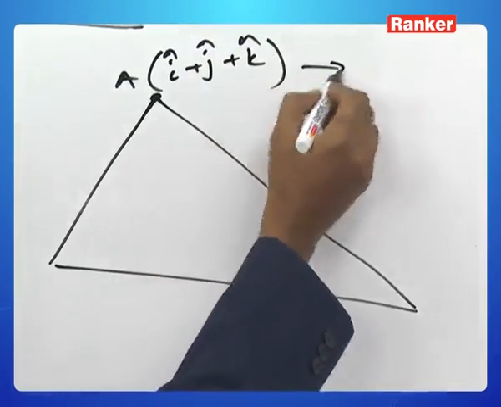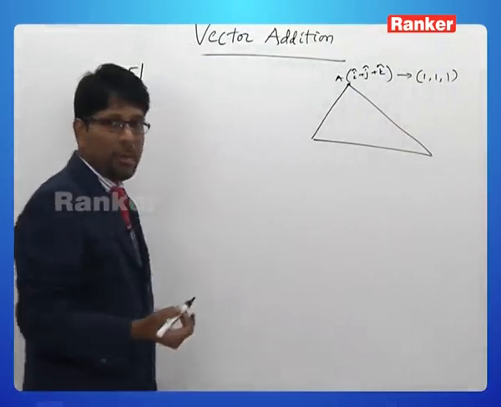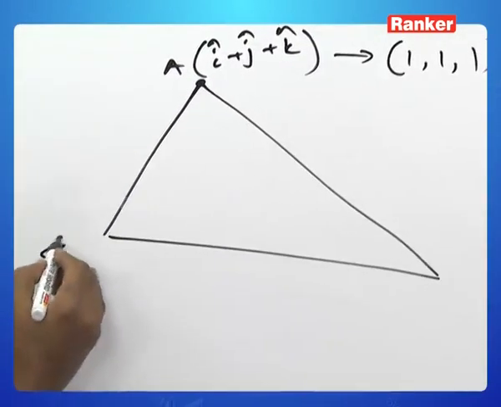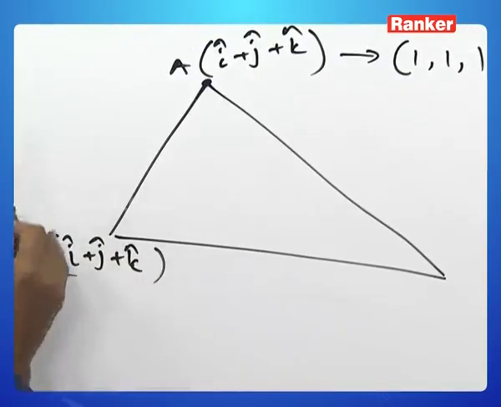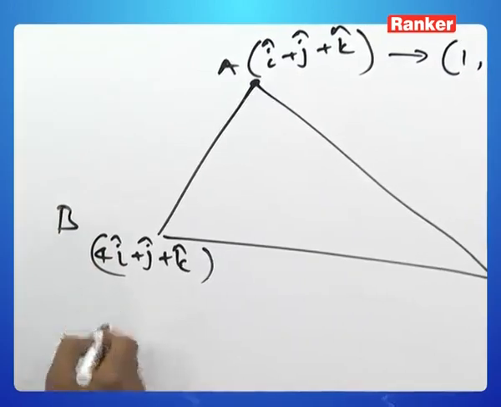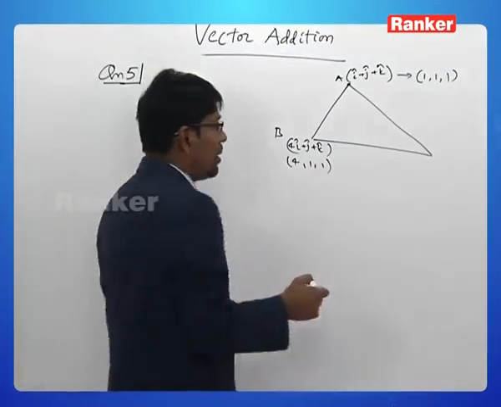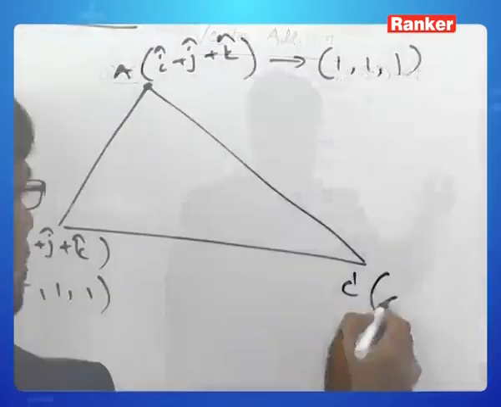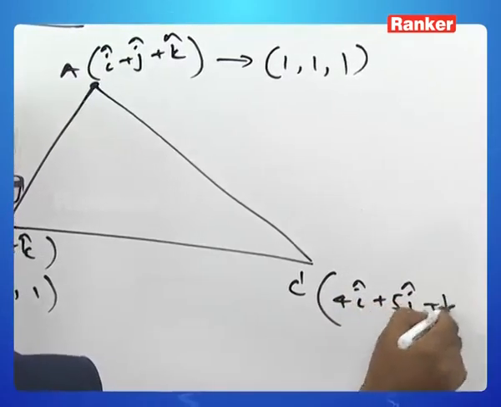In other words, if you want to represent it in the Cartesian form, it is 1, 1, 1. 4i plus j plus k, that is 4 comma 1 comma 1 is the point corresponding to it. And what about C? We are given 4i plus 5j plus k.